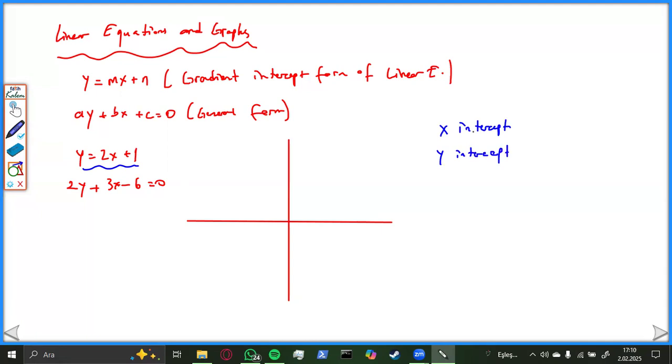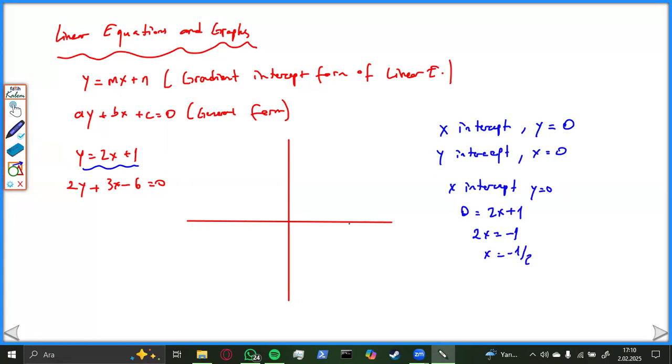To find the x-intercept, let's say y is 0. And for the y-intercept, let's say x is 0. For the x-intercept, y is 0, so 0 is 2x plus 1. 2x is minus 1 and x is minus 1 over 2.